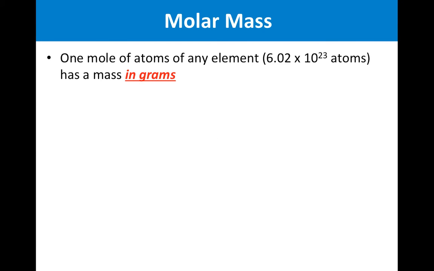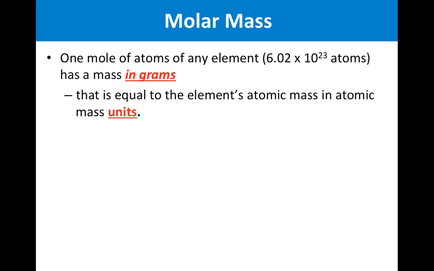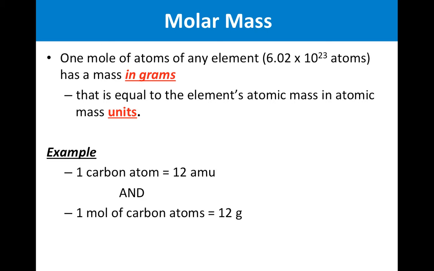Now, how are we going to relate that to grams? So 1 mole of atoms of any element, we know that there will be 6.02 times 10 to the 23 atoms. And it also has a mass in grams. Now, the mass in grams is equal to the atomic mass in atomic mass units. So what does that mean? That means that 1 carbon atom is 12 atomic mass units, which is also 1 mole of carbon atoms equals 12 grams.